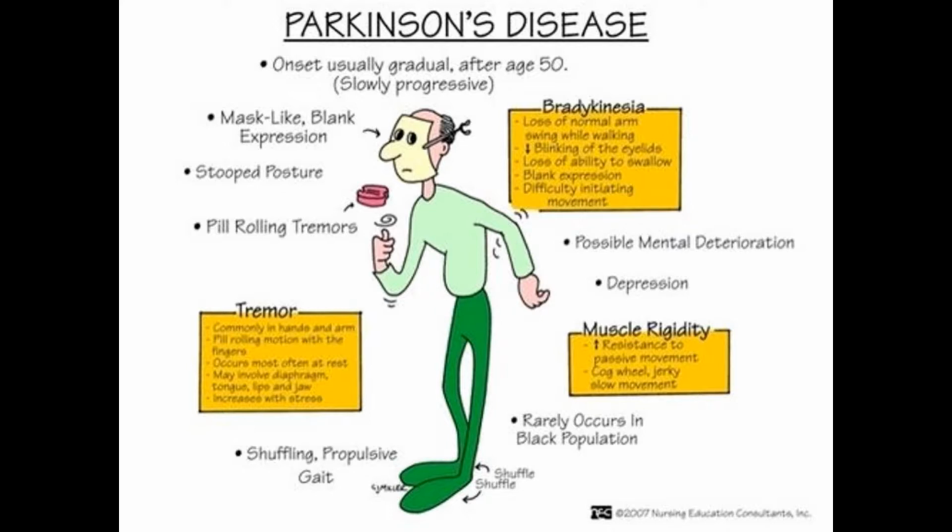And if you look at the sign and symptom that is called pill-rolling tremors, it's actually a rolling of the fingers back and forth like they were going to roll a cigarette or something like that. And I think that you guys can figure out the rest of them. All of them we have defined so far.